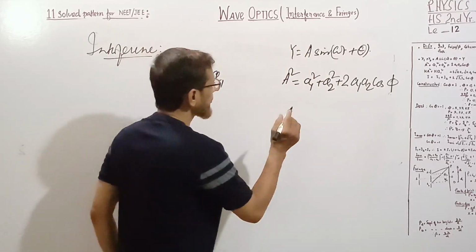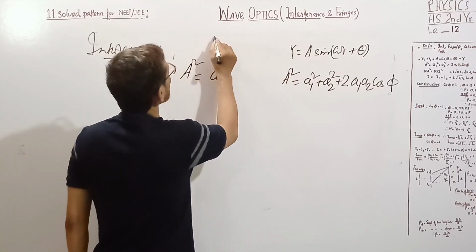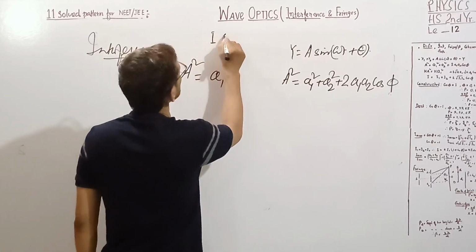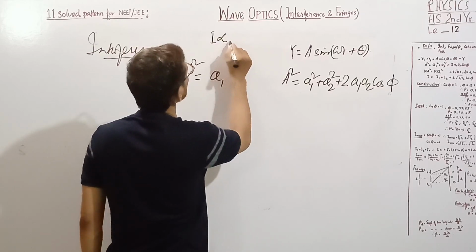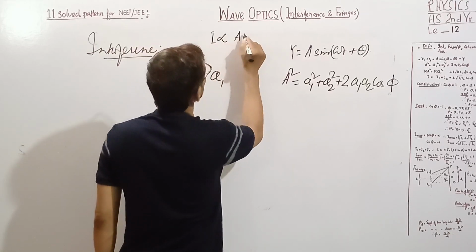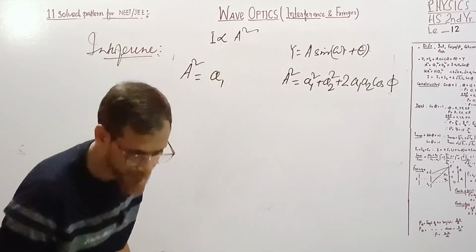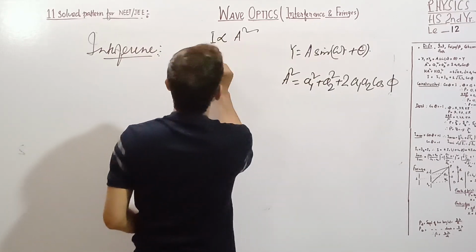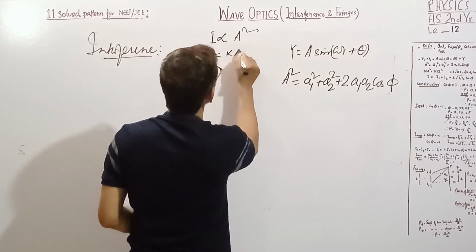Now it is known to us that intensity is proportional to a square. Therefore, I is equal to some constant k into a square.